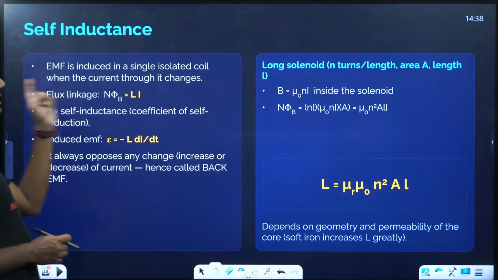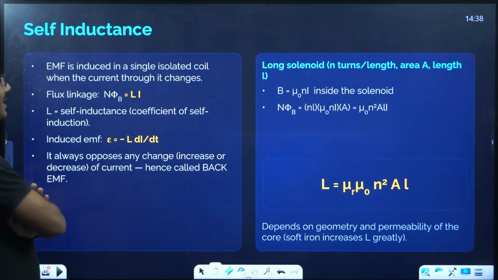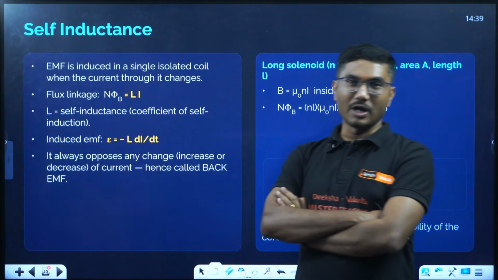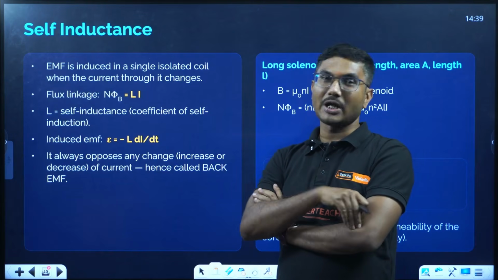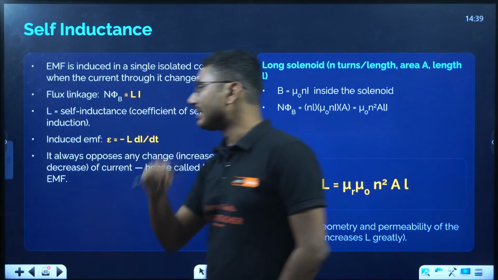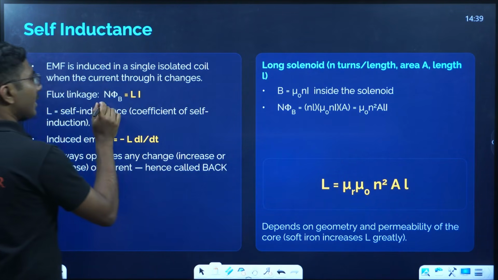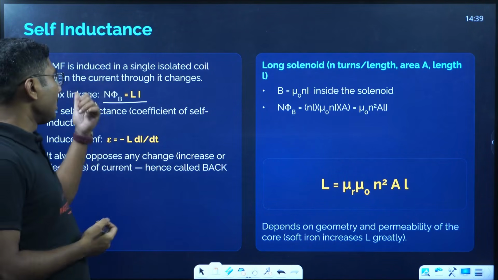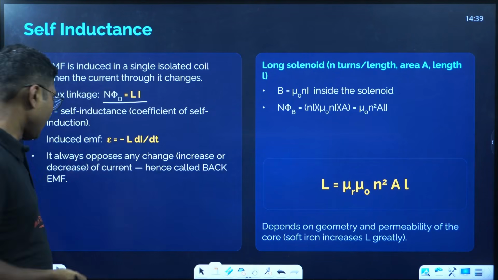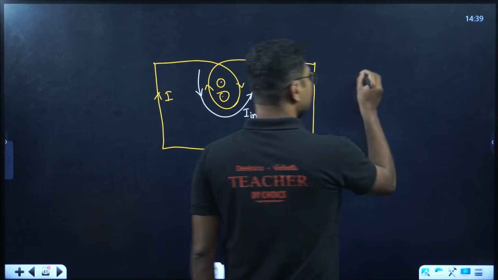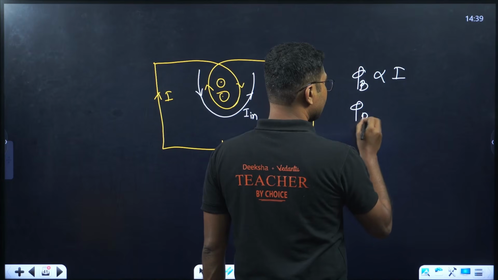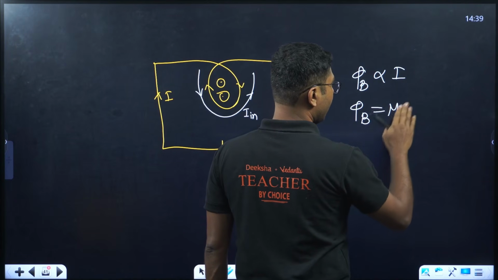So EMF is induced in a single isolated coil when the current through the coil changes. It can be starting from 0, when the circuit is suddenly switched on, or it can be an AC current as well. Now the flux linkage here is given by N phi equals L into I. Same concept: there it was N phi equals M into I, here it is N phi equals L into I. So here also the magnetic flux is proportional to the current that is flowing.